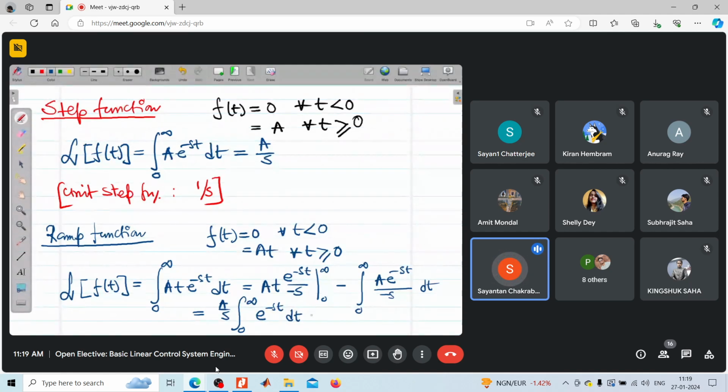Since it's only e to the minus st dt, it will be a by s square. So the ramp function comes out to be a by s square.